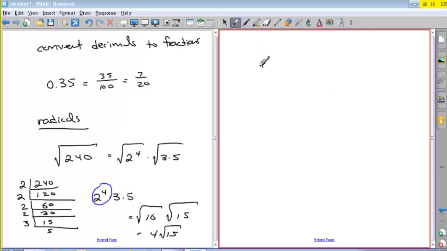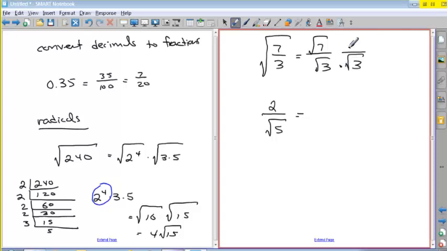Also, we looked at if you have a square root like this, we did that in class, you can go back and look at that, or if you have something where, say, you have that. In this case, you break it up into 2 radicals, then you multiply by the square root of the denominator.